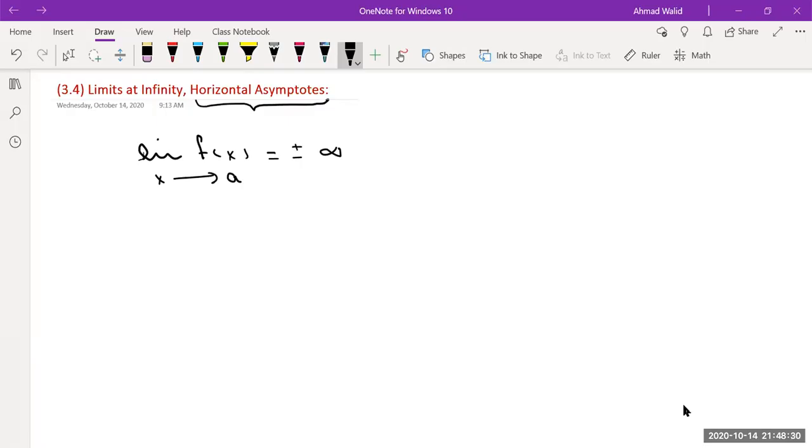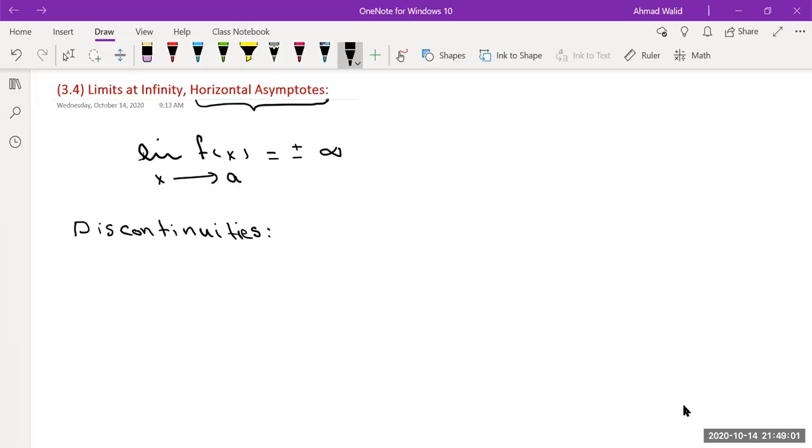Also, we discussed at the beginning of chapter 1, when I had a review on the functions for you, I talked about discontinuity. What is discontinuity?